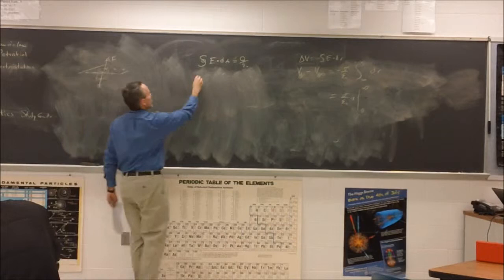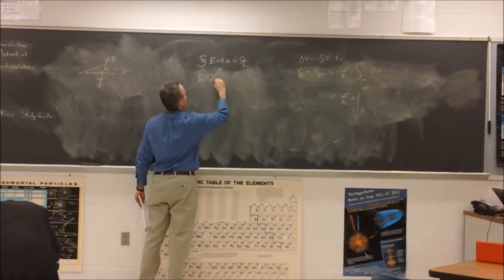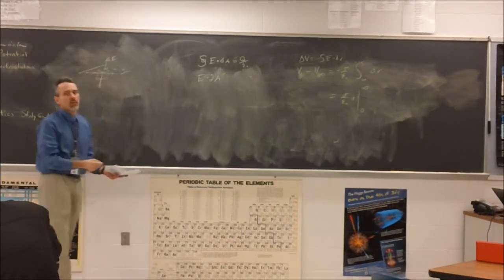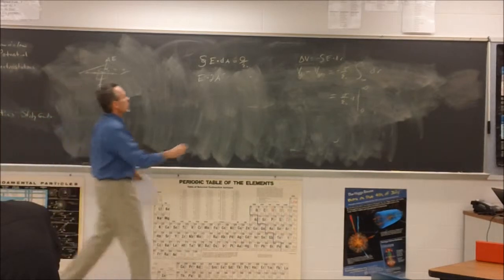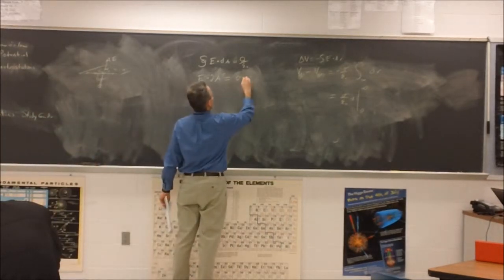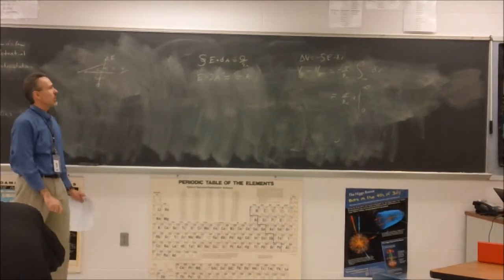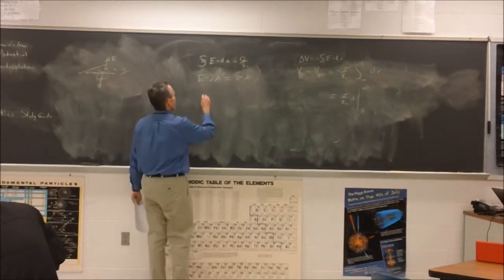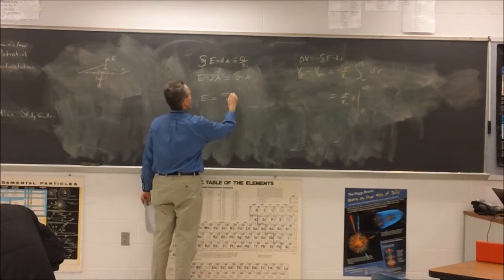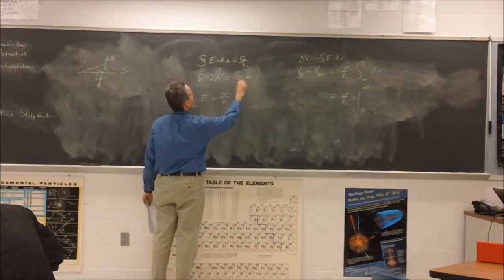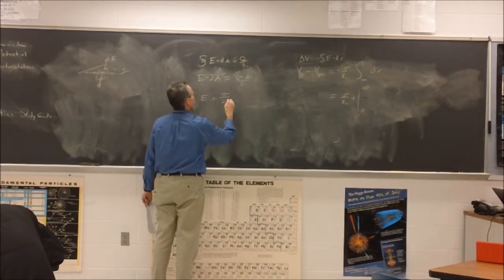And so when I do this, it's going to be E times 2A, because there's two areas it's coming out of. Equals sigma times A. And again, this Gaussian could be infinitely large, just like the sheet is. The A's cancel, and I have E is equal to sigma over 2 epsilon naught.